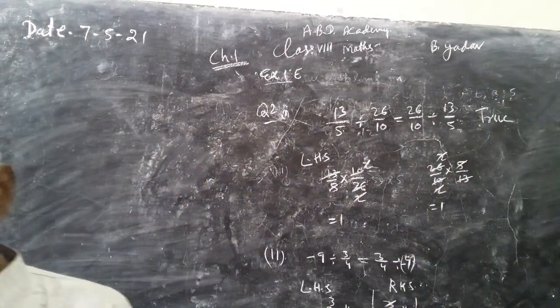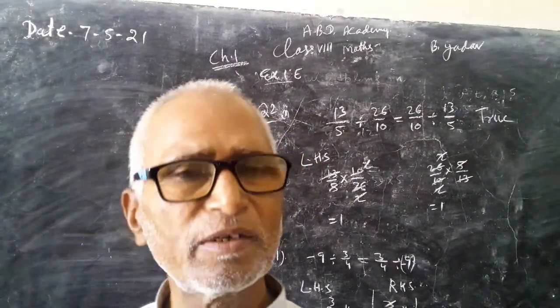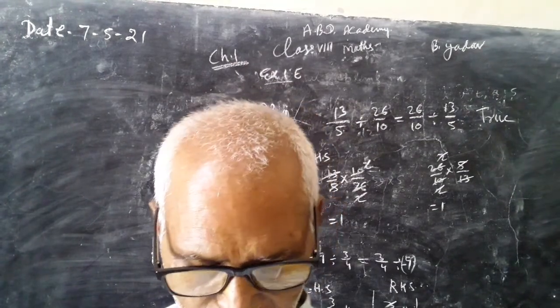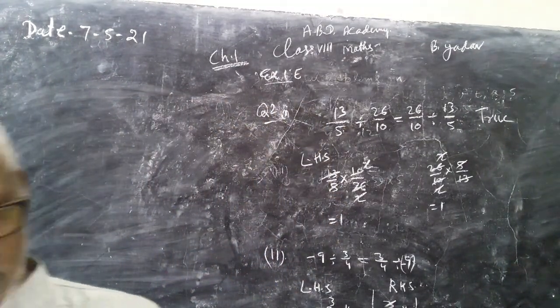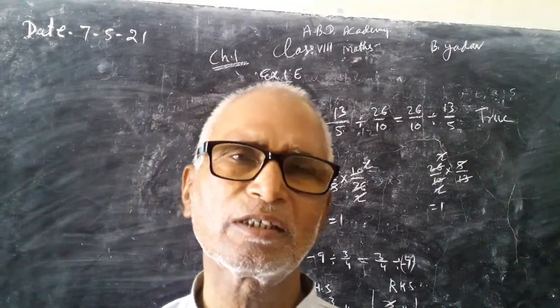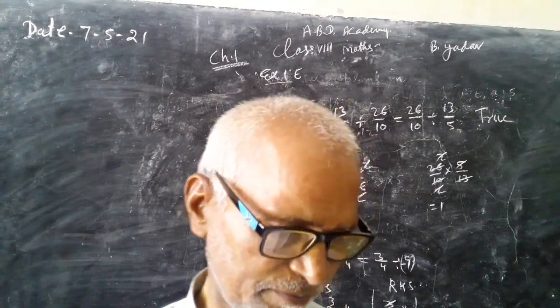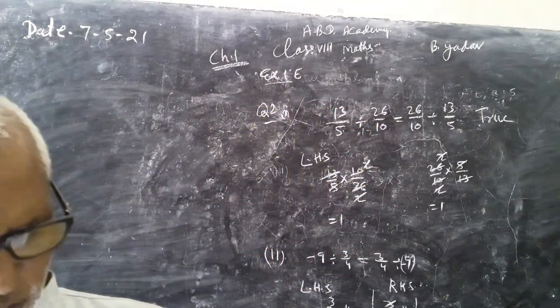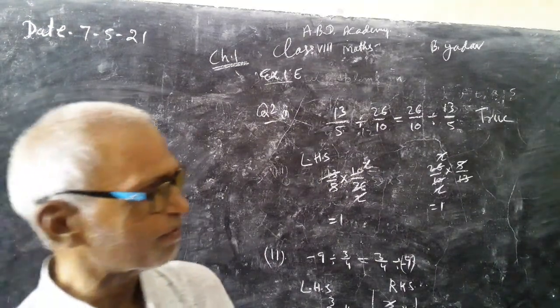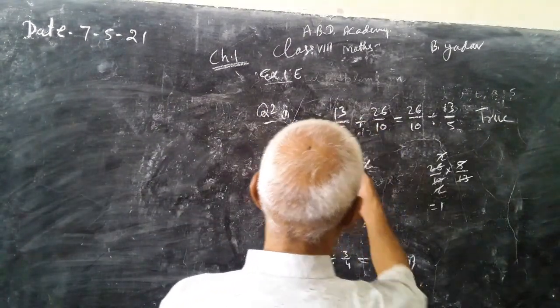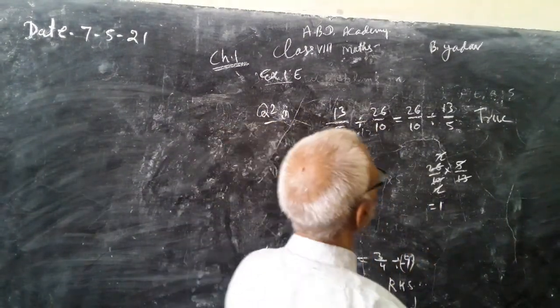In most of the cases, it will be false because under division numbers are not commutative. But the first becomes true due to a funny thing, because both are 1 here.